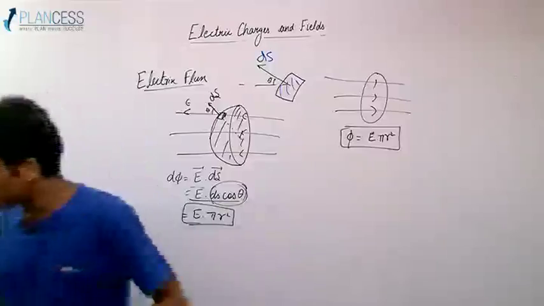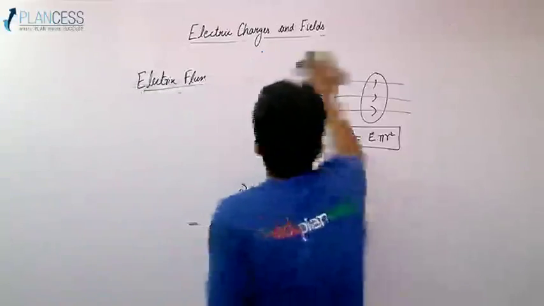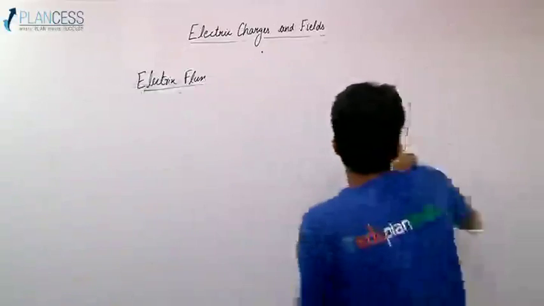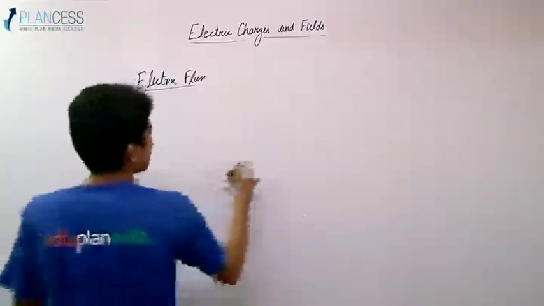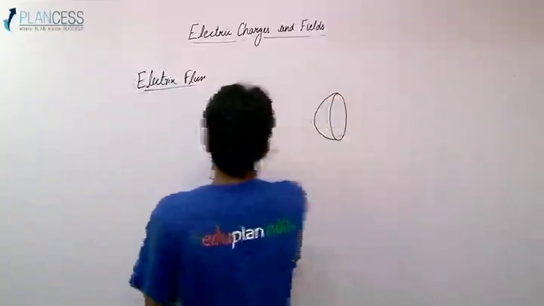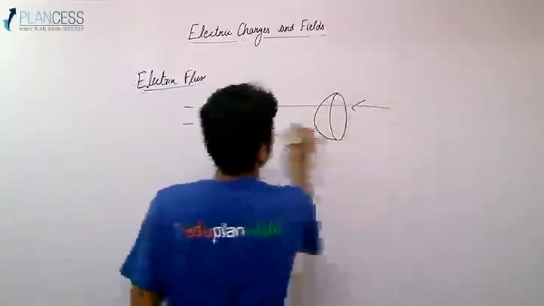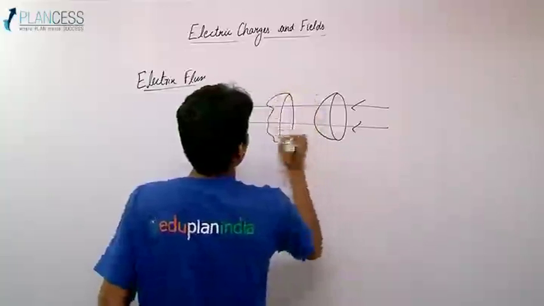Now I can tell you how to understand electric flux physically. As I took a hemisphere, let us once again take a hemisphere, and electric lines of force are like this. Now let's say instead of a hemisphere, I would have taken a figure like this.